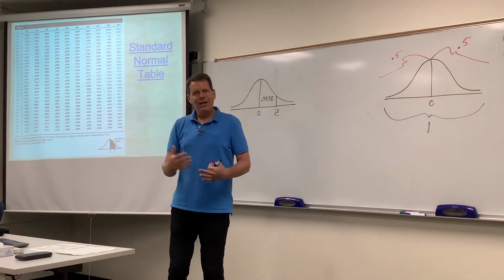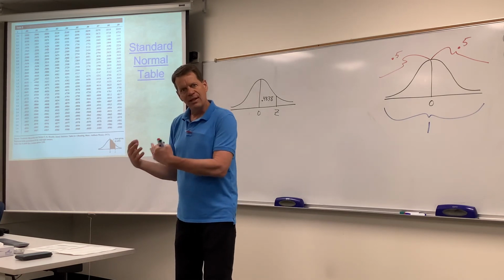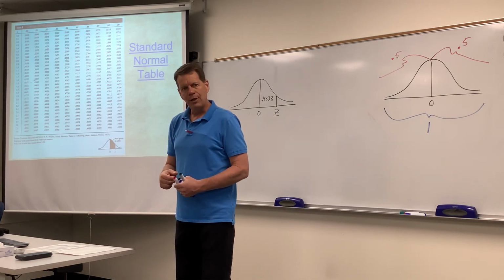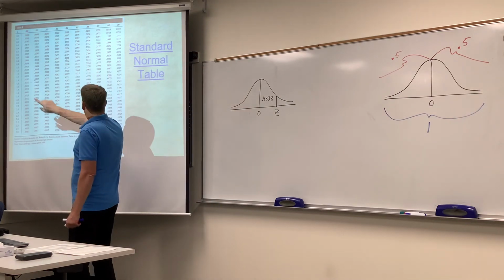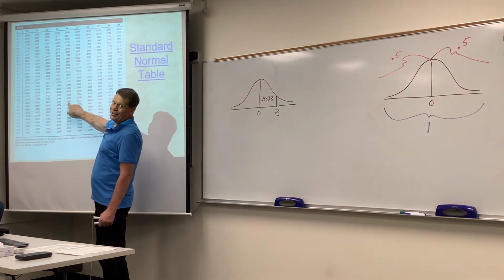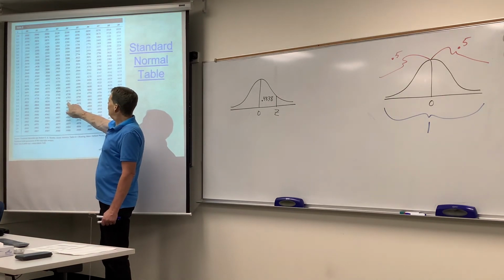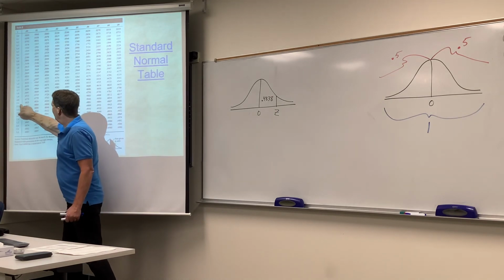I understand that you probably can't see that on the video, but you have a copy of this in the notes that I uploaded. So if we search through the body of the table for 0.4838, it lines up with 2.14.